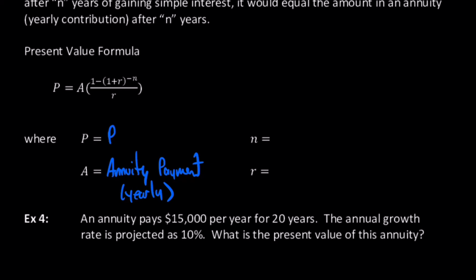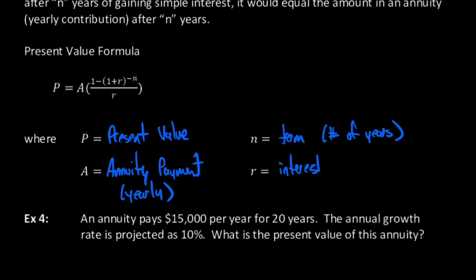P represents the present value. How much would all of that money be worth today? N, again, equals the term, which is number of years. And R is your interest rate. And again, that's a decimal.